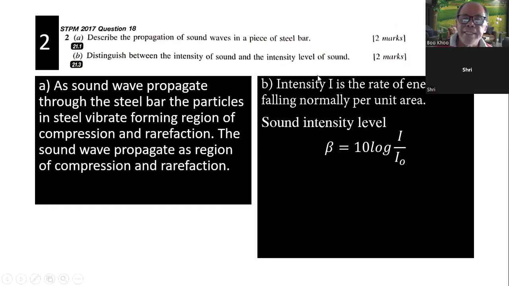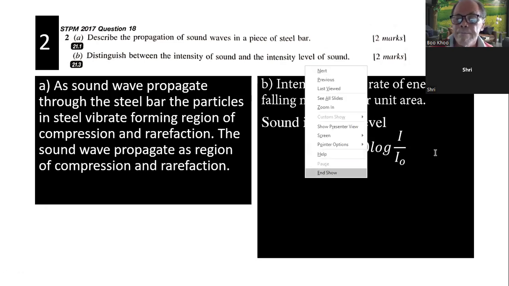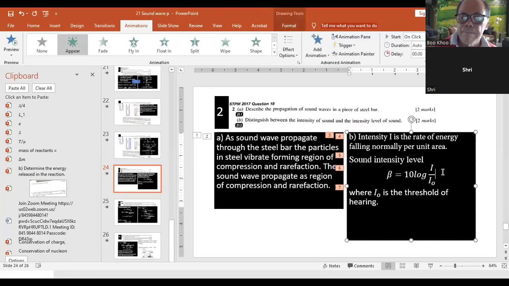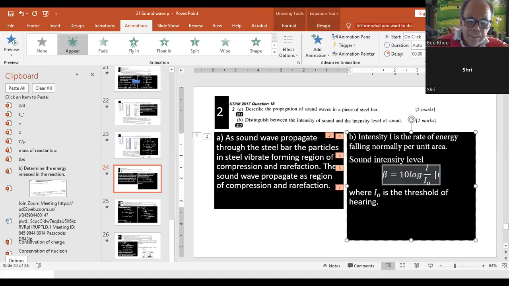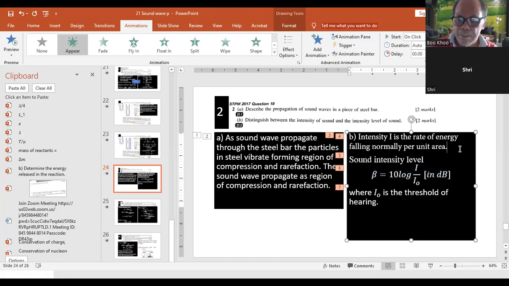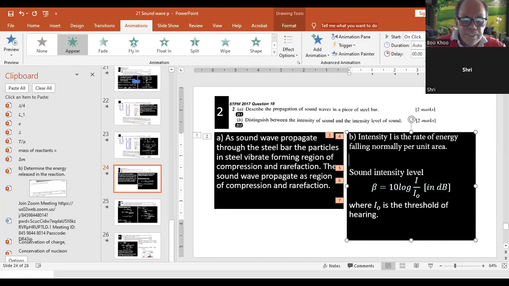If you want, you can add in decibel. This one is in watt per meter square.